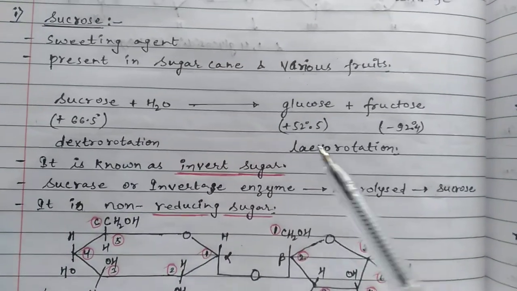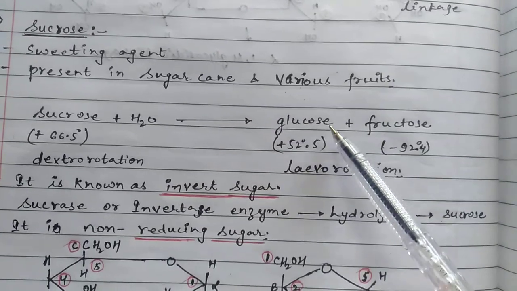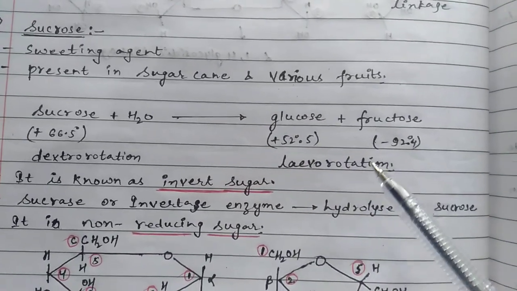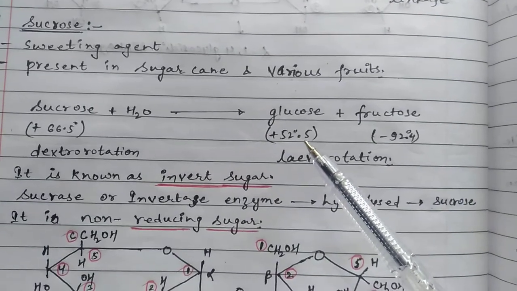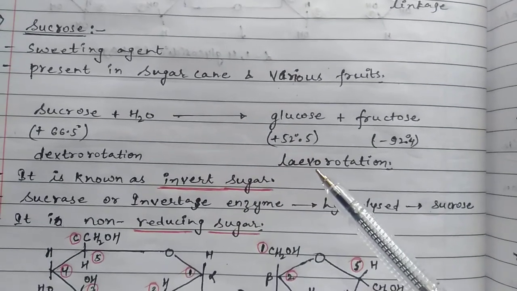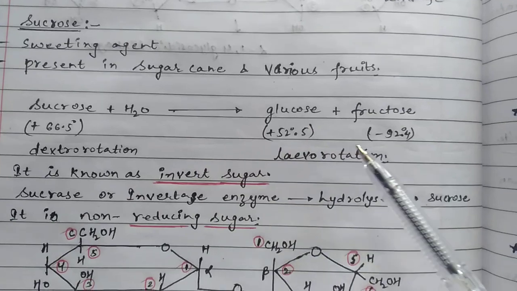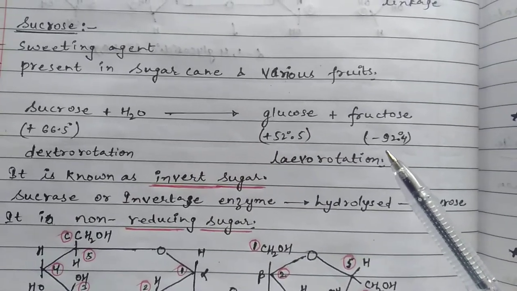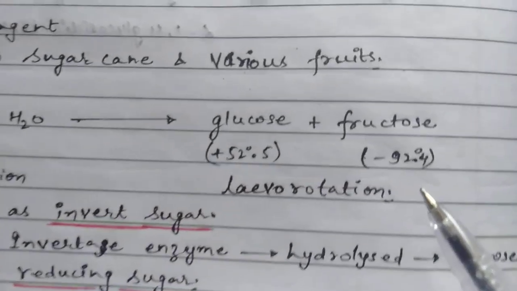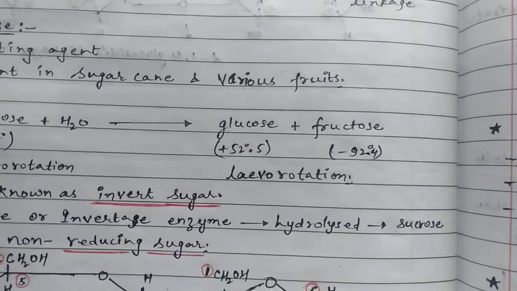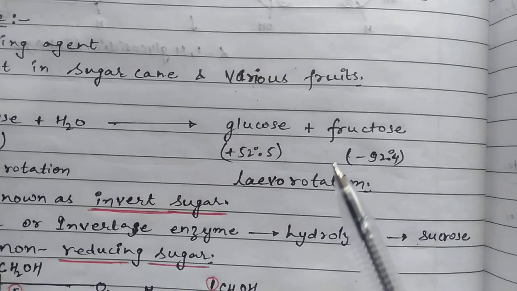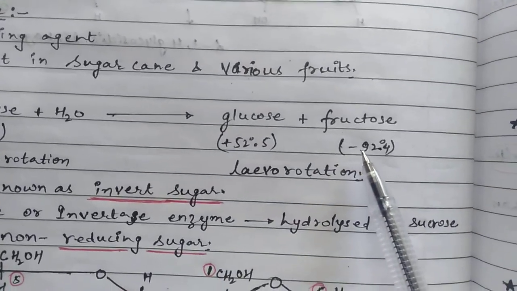degrees. Then after hydrolysis it forms glucose and fructose. Glucose has 52.5 degree dextrorotation, and fructose has minus 92.4 degree rotation, but it is negative. Negative means levo rotation.